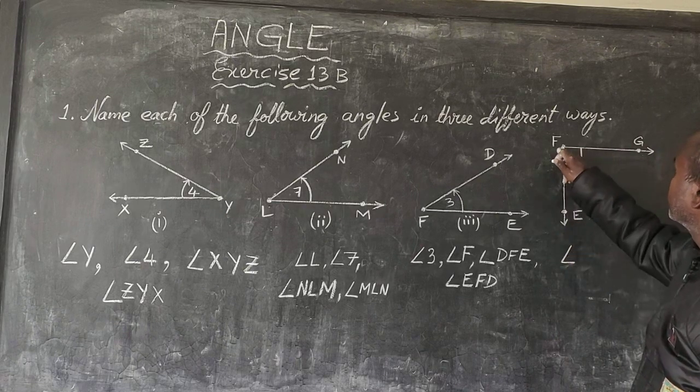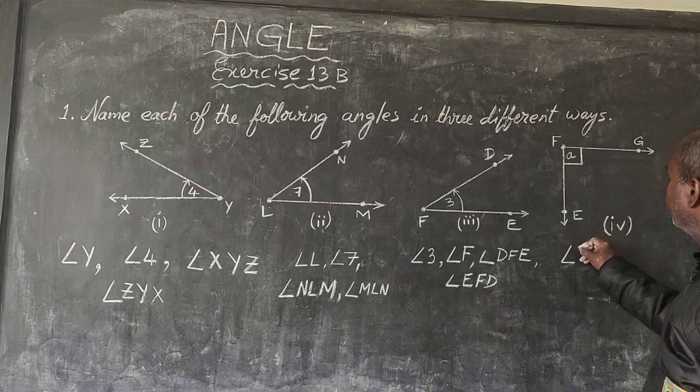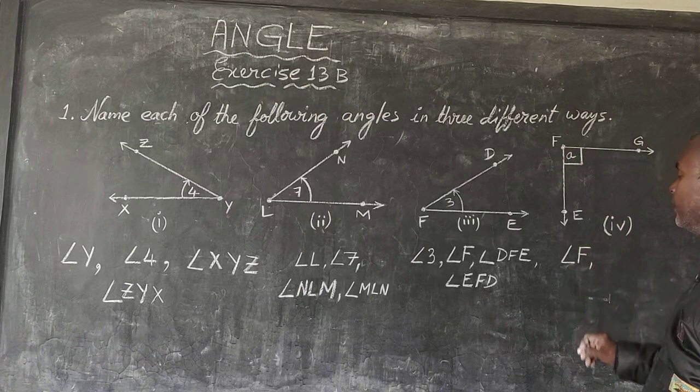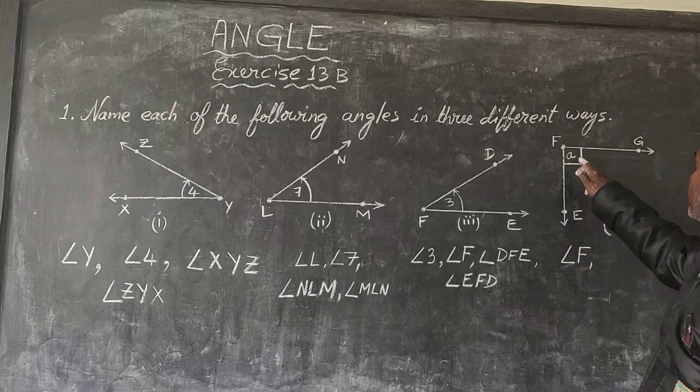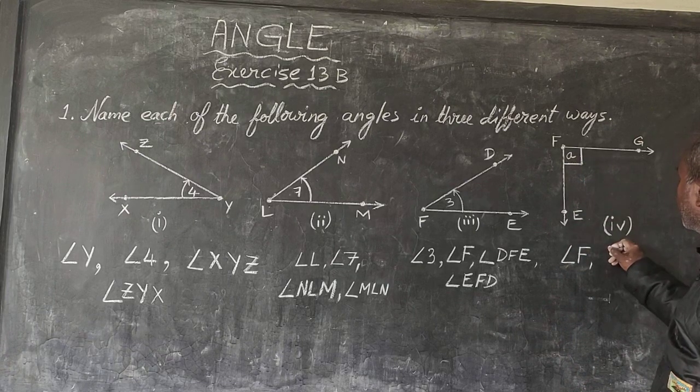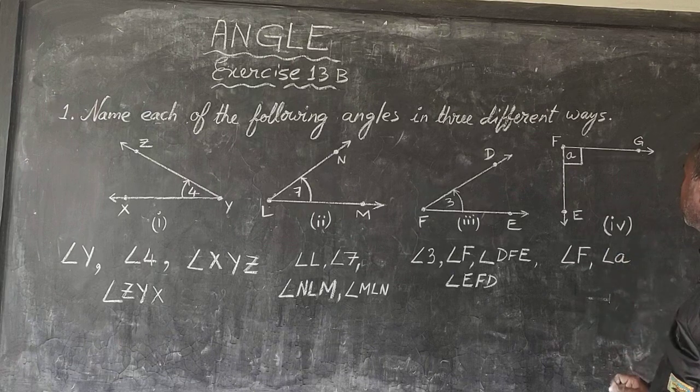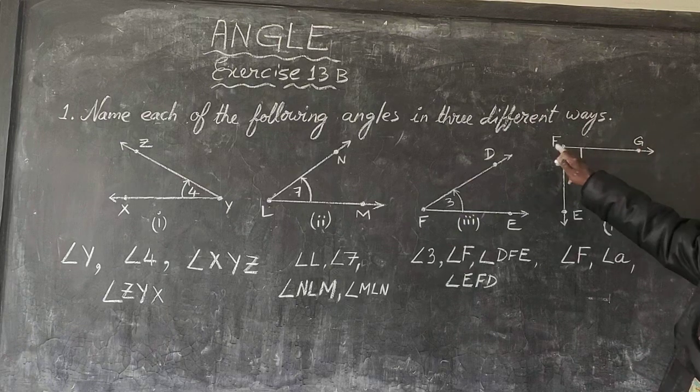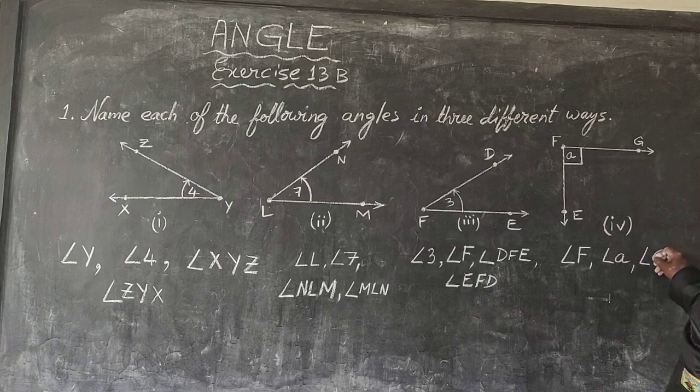What is the name of the vertex? Coming to our usual method of naming the angle, this angle can be named as, keeping F in the center, angle GFE.